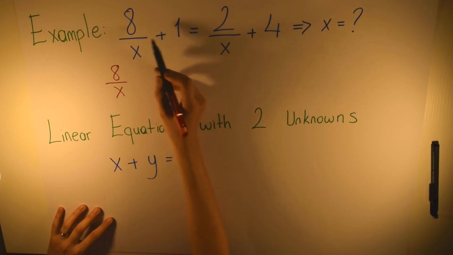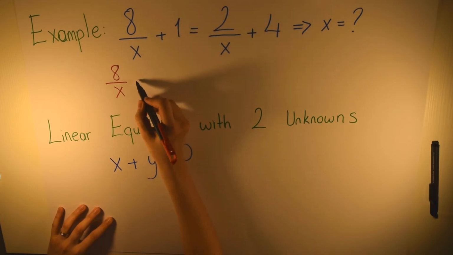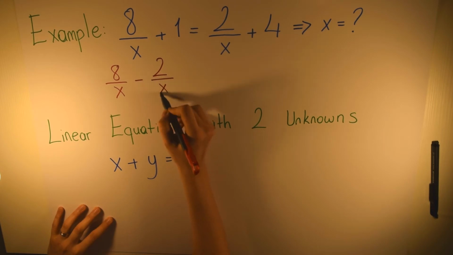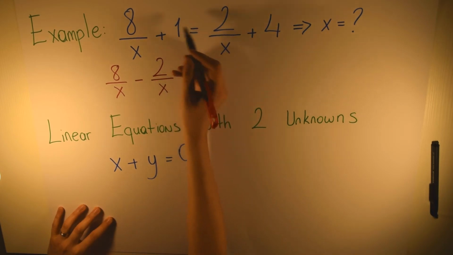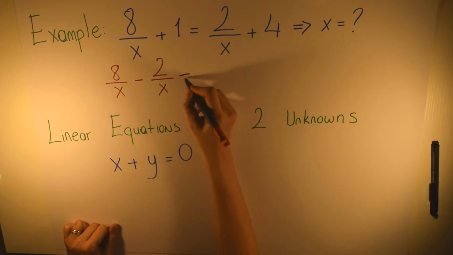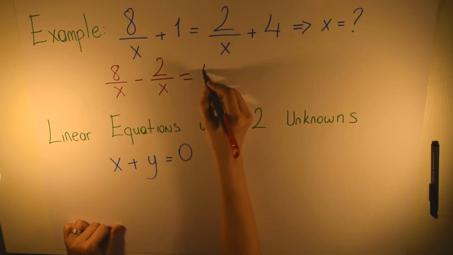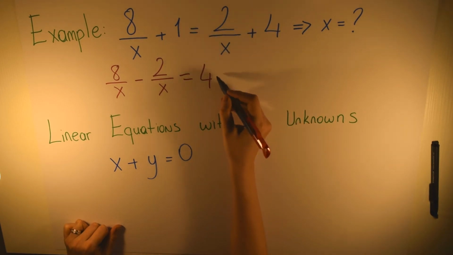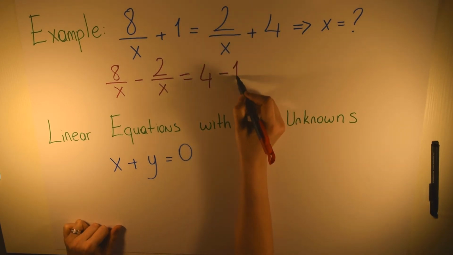So I put 2 over x on this side, and it goes like minus 2 over x, because here it's plus, and when I put on the other side, it changes its sign. So it's equal to, I have here plus 4, and here I have plus 1, and I put this side, it becomes minus 1.